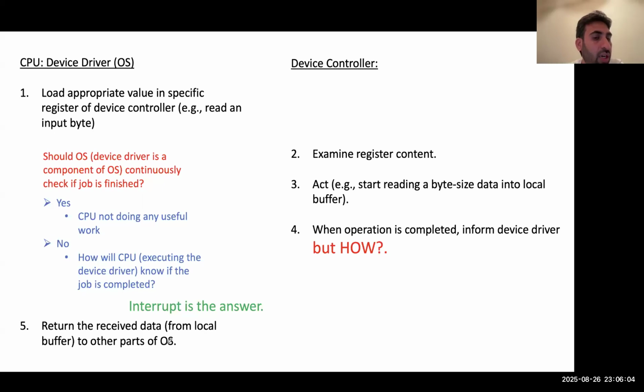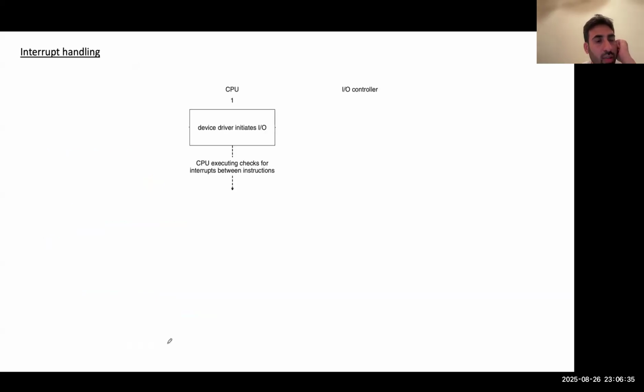On the other side, if we say that we will not wait, then how will the device driver know that the device controller is done with the required action? So we said that interrupt is the mechanism which enables the CPU, or the device driver running on the CPU, to be informed when the device controller is done with its task. Now, let's have a look at how interrupts are handled.